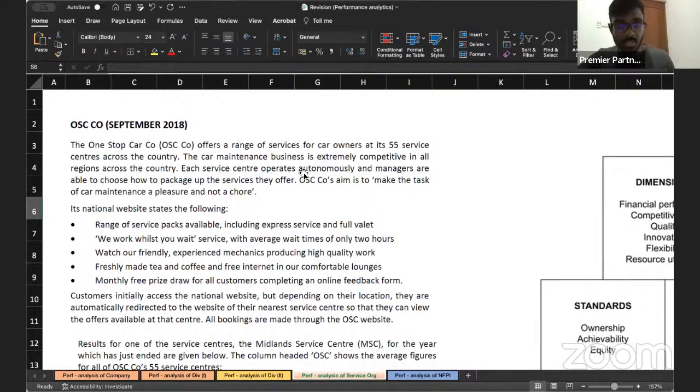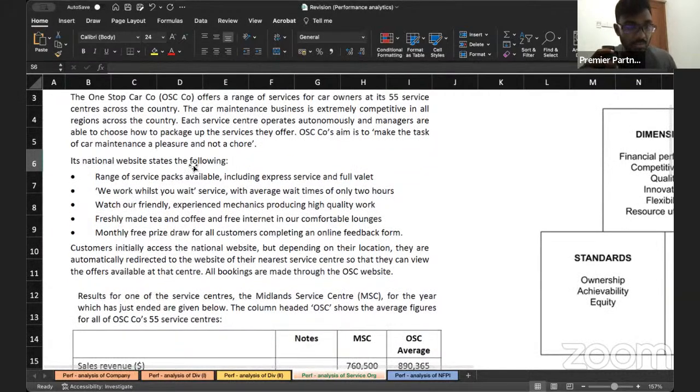Each service center operates autonomously. Our managers are able to choose how to package up the services they offer. Autonomously means each of these service centers has the freedom to do whatever they want. OSC's aim is to make the task of car maintenance a pleasure and not a chore. The national website states the following.